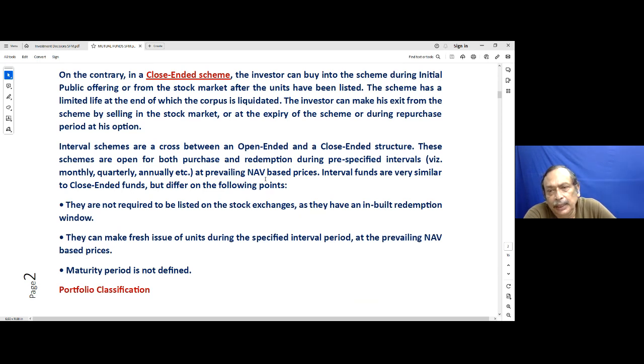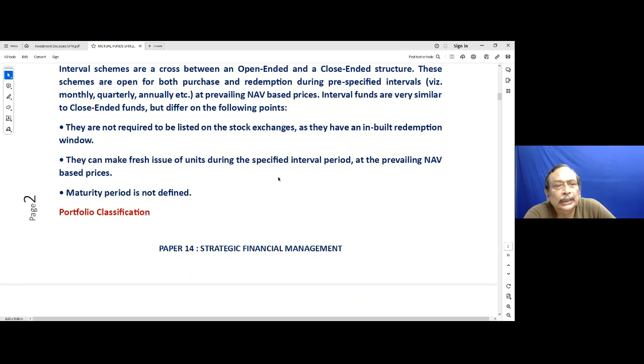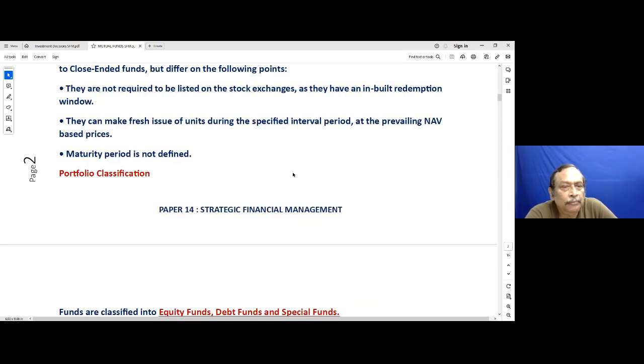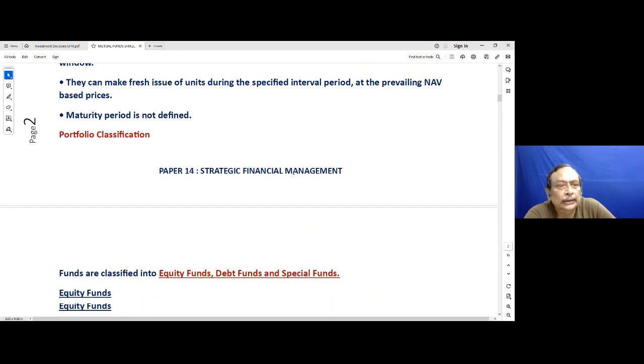Interval funds are very similar to closed-ended funds but differ on the following points. They are not required to be listed on the stock exchanges as they have an inbuilt redemption window. They can make fresh issue of units during the specified interval period at the prevailing net asset value based prices. Maturity period is not defined.